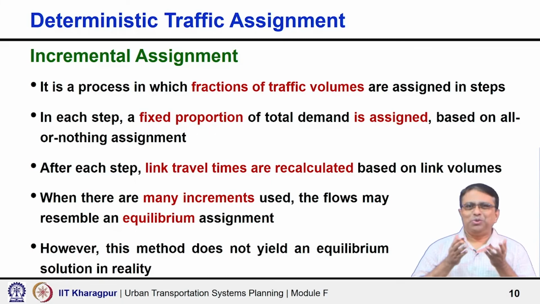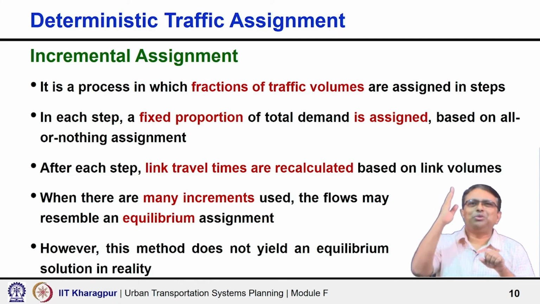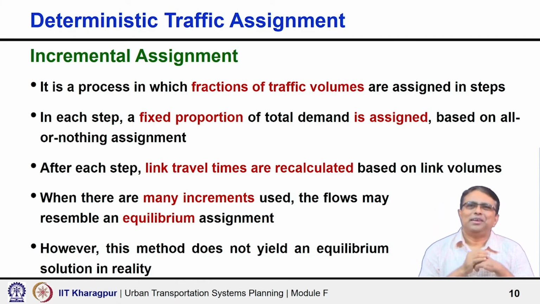It may be that before that it was fine, but after the last incremental loading you have loaded it almost near capacity, so there will be a sharp jump in the travel time. All these kinds of things may happen. So, it does not guarantee that you will still get exactly an equilibrium in reality, but it can definitely give you a solution which is much better than all or nothing.